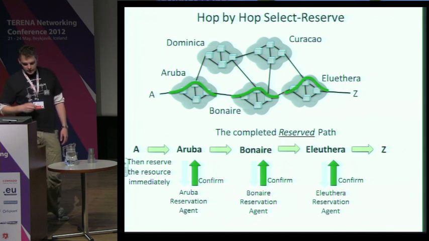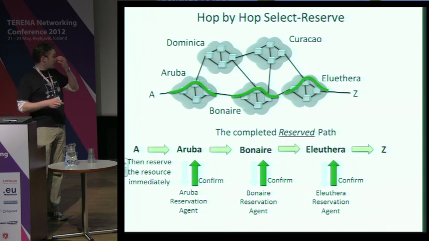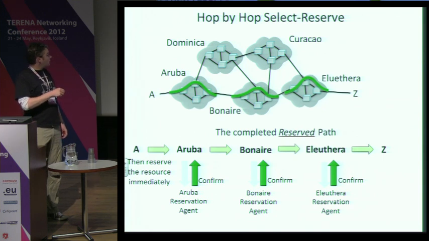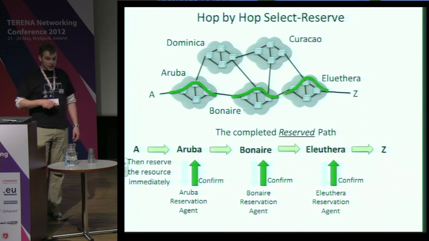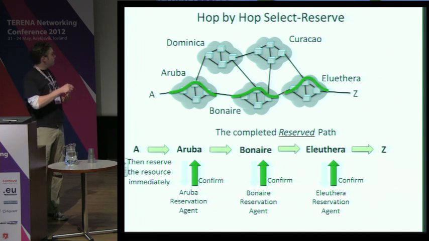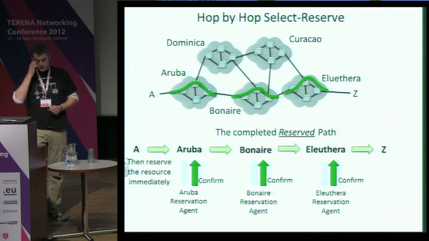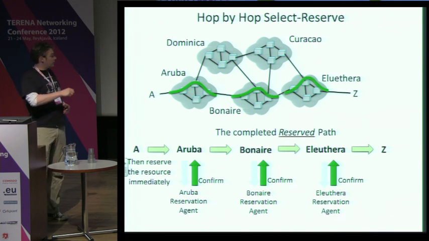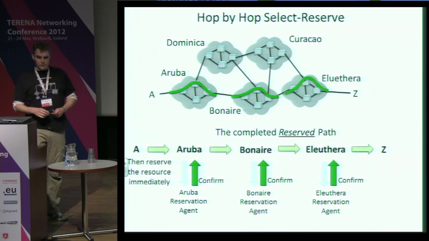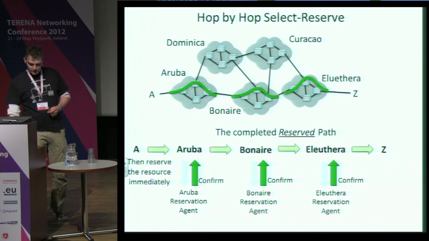Then you can do something that's called a crankback, and you go back to the previous reservation and try to find an alternative for the path that you were taking, and then you still keep your previous reservation, and you go back and follow a different route and continue with the reservation. If that also fails, then you go back to another step and try to figure out what another alternative might be.